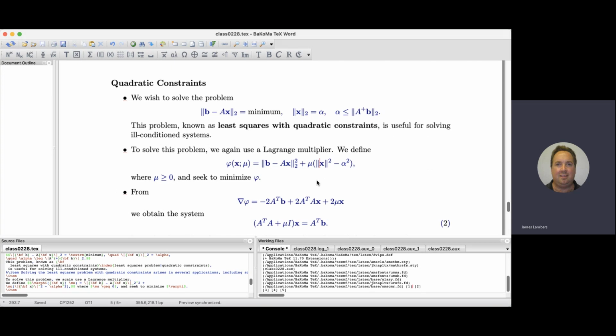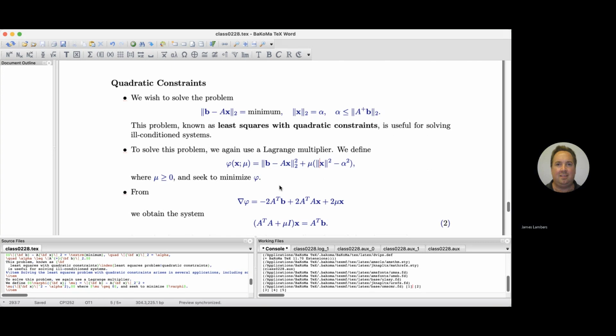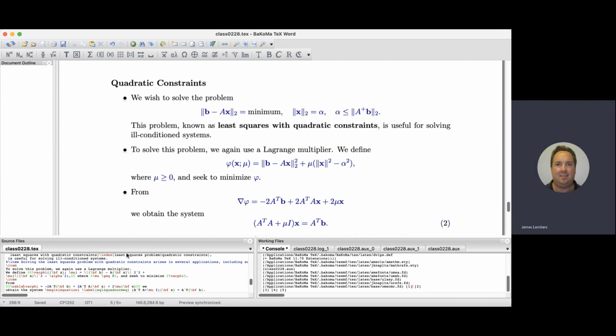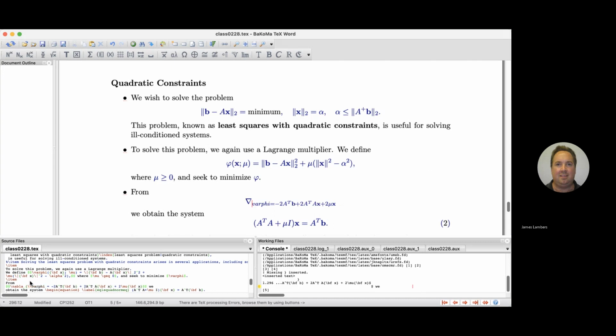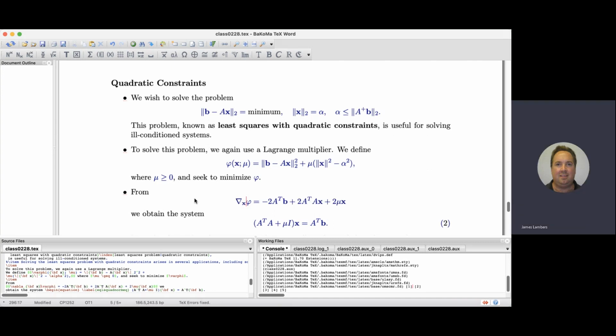I should indicate that this is the gradient, not the entire gradient, but with respect to the x variables. The gradient of this with respect to mu is just this, which we want to be 0.